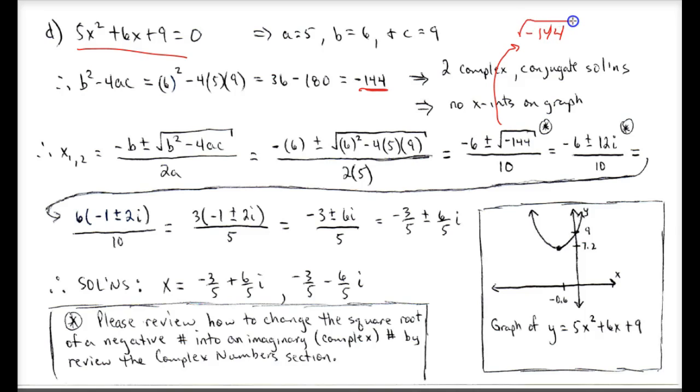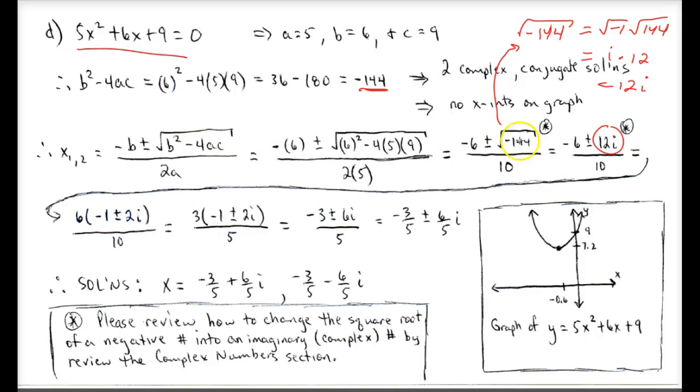Anytime we deal with negative square roots, we can rewrite this as the square root of negative 1 times the square root of positive 144. By definition from complex numbers, the square root of negative 1 is defined as i, and we know that the square root of 144 is 12. So we end up with 12i as our answer here. That's how we get that particular term in the numerator.